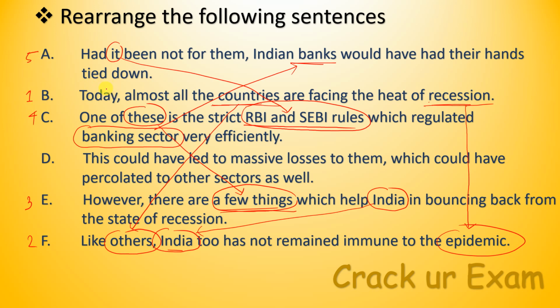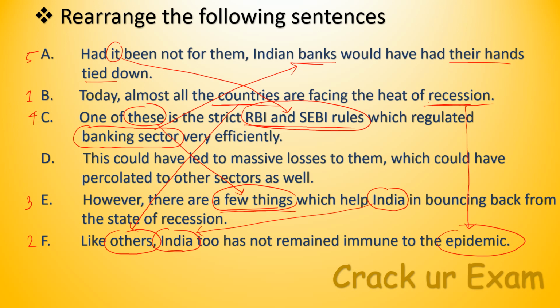Had it not been for them, Indian banks would have had their hands tied down. Now, hands tied down, as you know, is an idiomatic expression. Hands tied down means a very difficult situation. So in this sentence, had it not been for them, Indian banks would have had their hands tied down.